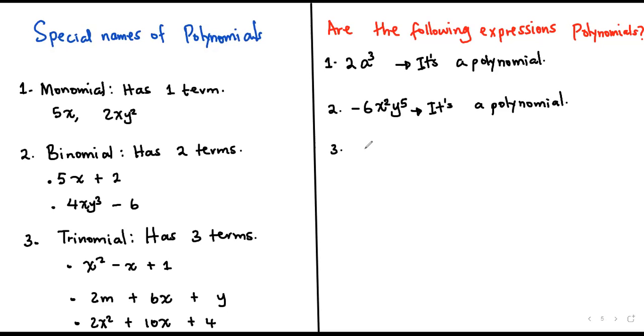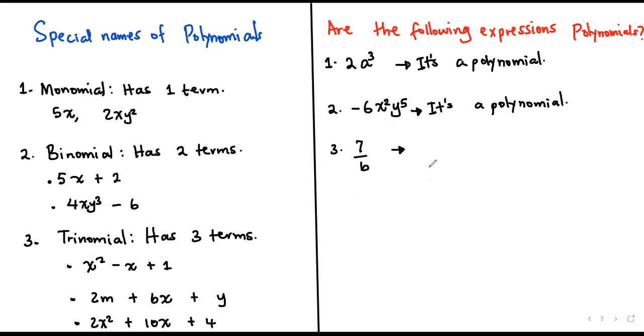Okay, let's have another one. We are having 7 out of b. Now we said that we must not have division of variables, because when we divide by a variable, it will give us a negative exponent.